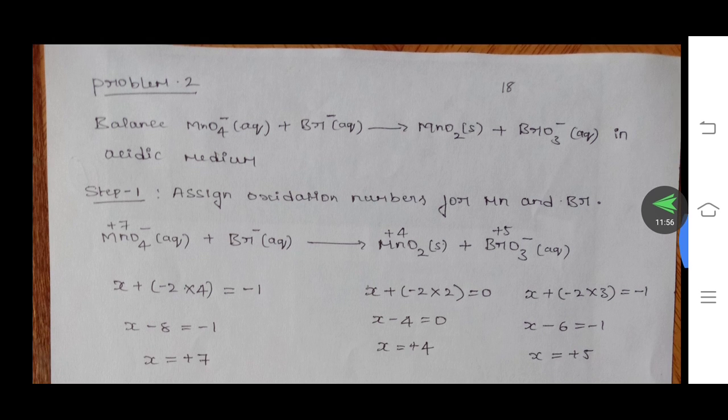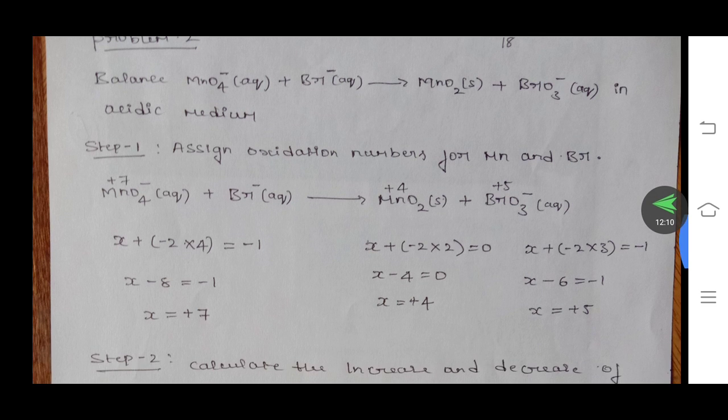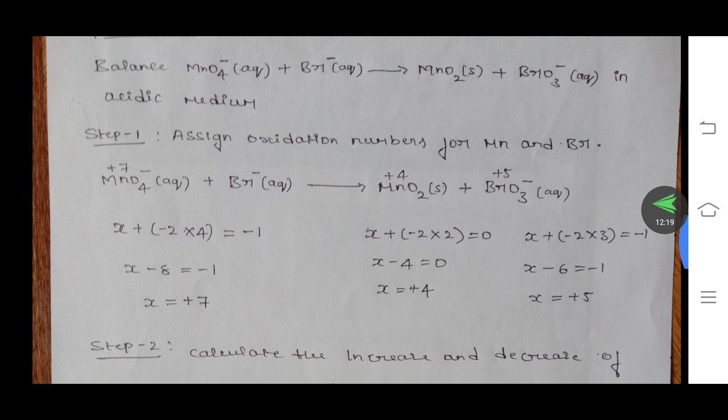Okay, so now take a second problem. Balance MnO4 minus plus Br minus gives MnO2 solid plus BrO3 minus in acidic medium. First step, assign oxidation numbers for Mn and Br. First you have to find out the oxidation number.